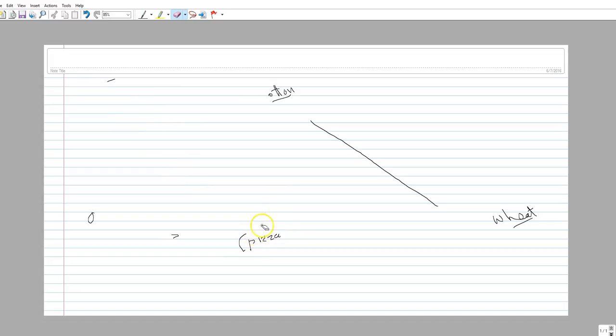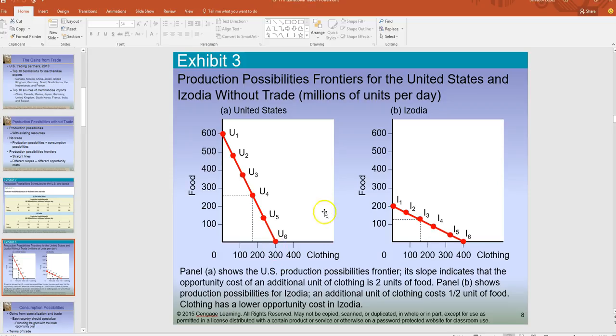So the United States is two food per clothing, and Isodia, 200 divided by 400, that is 1/2, or half a food for one clothing.